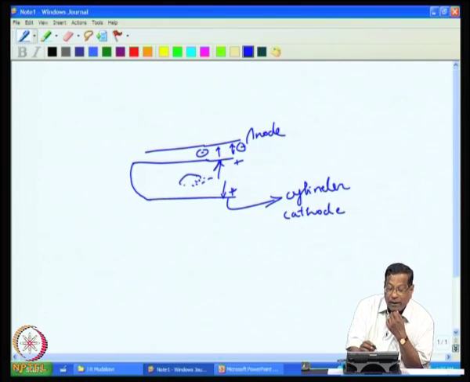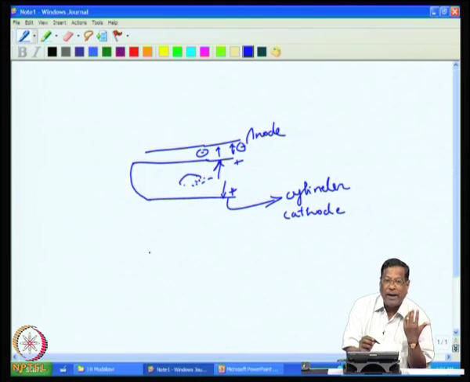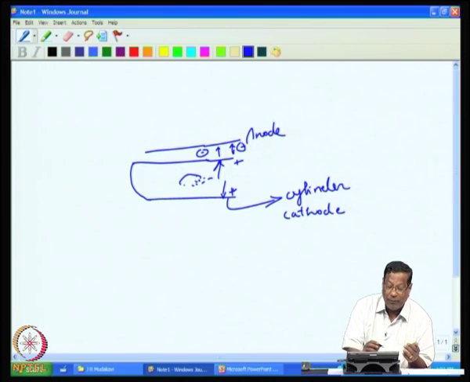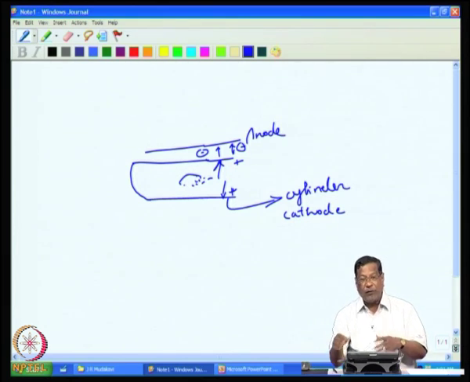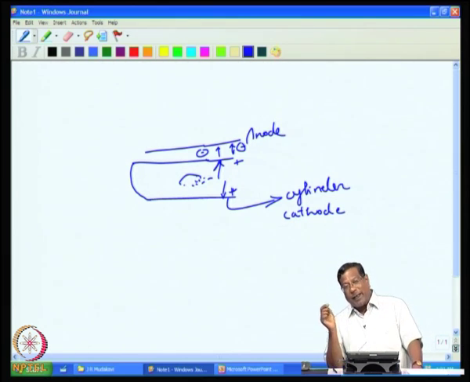Now, when they become energetic, they will strike the cathode, and the atoms in the cathode will also get energized, and they will start sputtering. That means they come out of the system, and the positive atom ions will be inside the hollow cathode cylinder, and before they strike the anode, they will get excited.